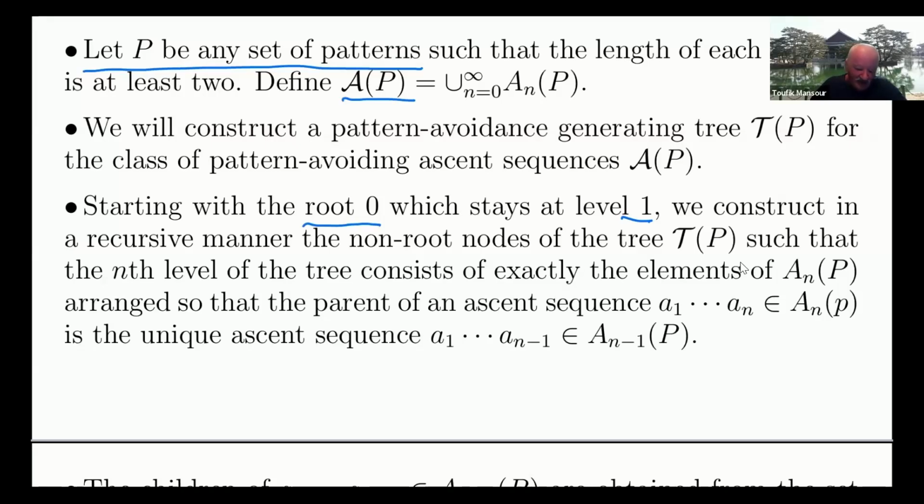And here we arrange them such that the parent of the ascent sequence a_1 to a_n is a_1 to a_{n-1}. That means if I have an ascent sequence and I want to look at its children, I will add a letter at the rightmost. And here is a very critical key: for ascent sequences, I can add a new letter at the rightmost.